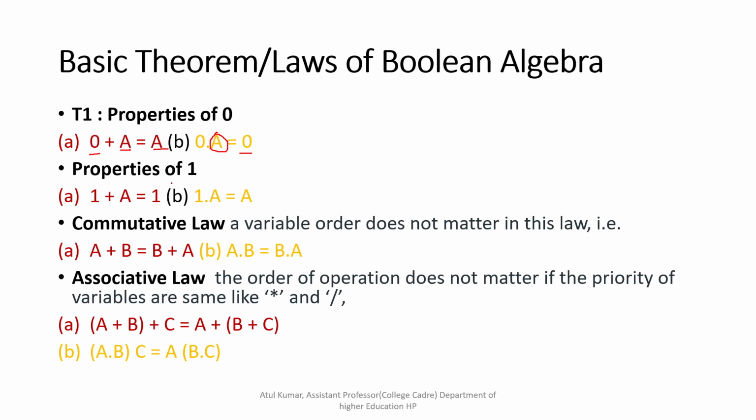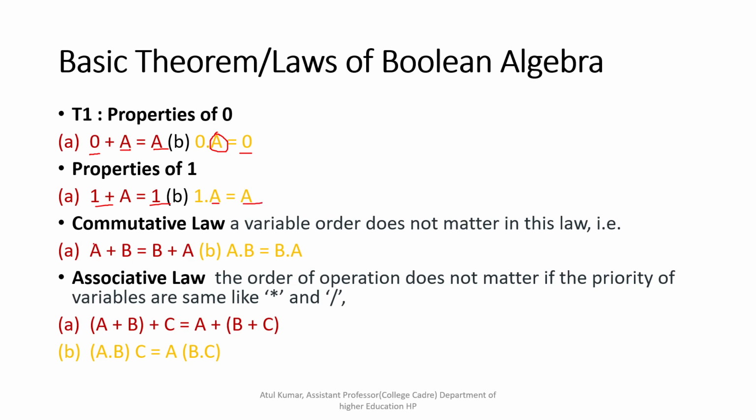Similarly, we have a property of 1. When we OR 1 with a, the result is 1, and when we AND 1 with any Boolean variable, the result is that Boolean variable.